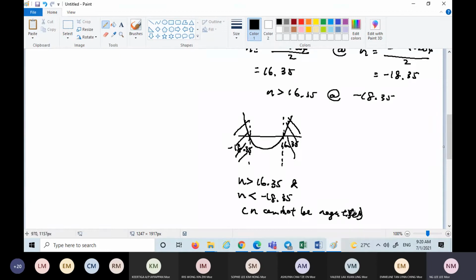They want the smallest value of n. So n can be 17, 18, 19, and etc. Continue, but they want the smallest one, so n is 17. Okay, this is the final conclusion. n is 17. This is how you get the answer actually.